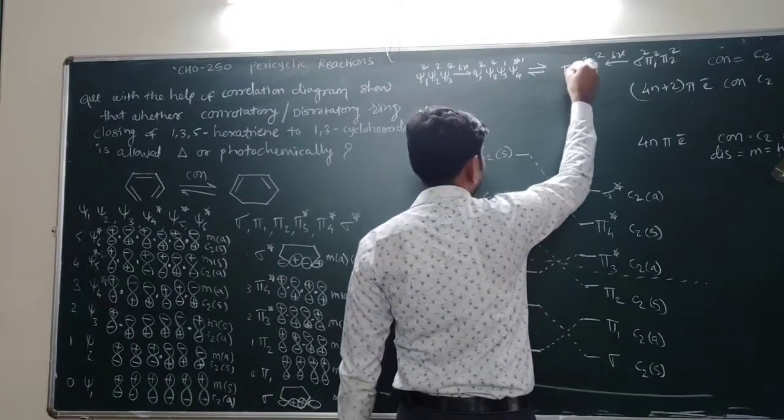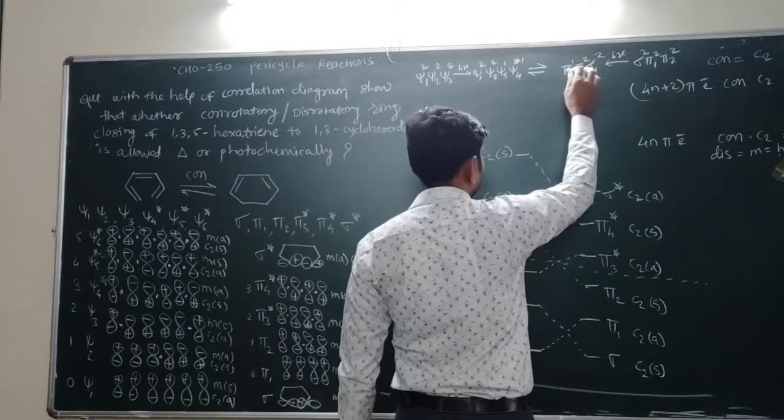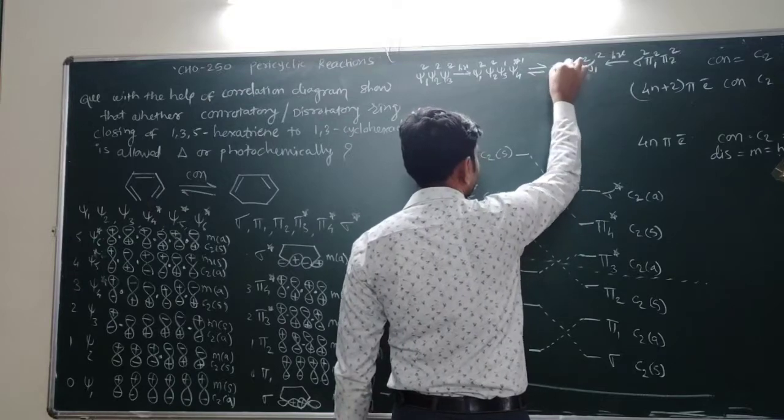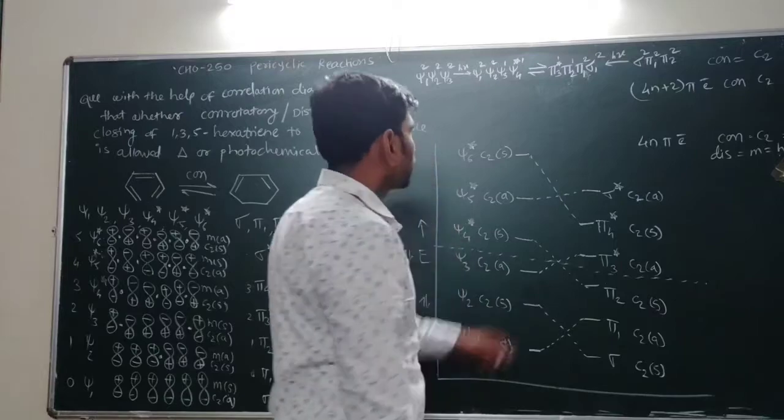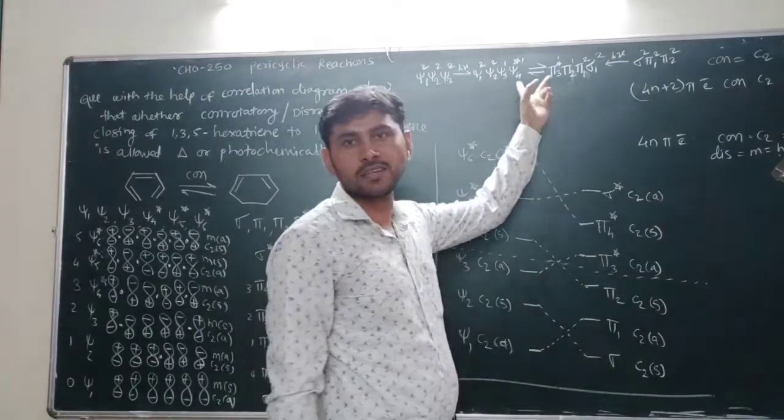So pi1 contains 1 electron, pi2 contains 1 electron, and pi3 star contains 1 electron. So correlation between these excited states is there.